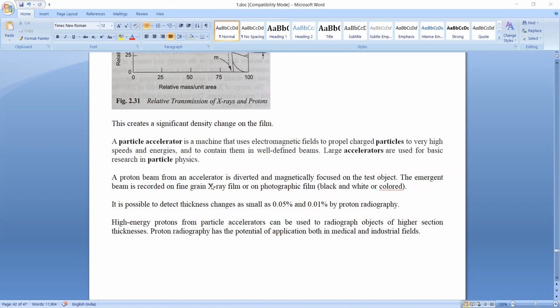What is the benefit of this? It is possible to detect thickness changes of 0.05% to 0.01%. Very minute things we can observe by using proton radiography.